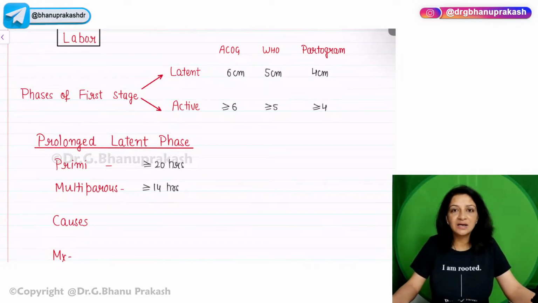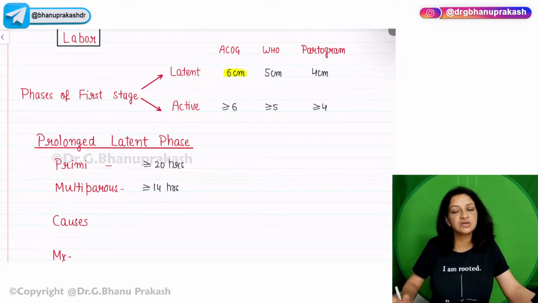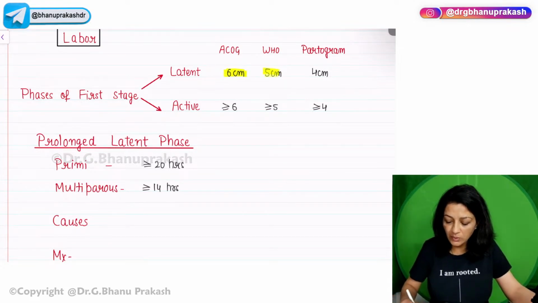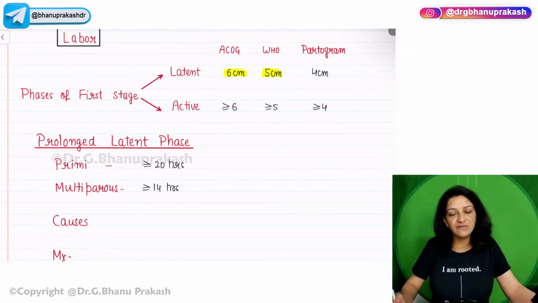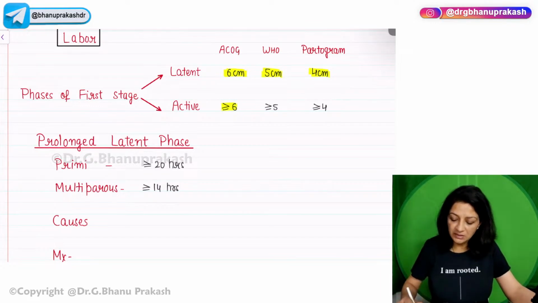ACOG के according latent phase is dilatation up to 6 centimeter. WHO के according up to 5 centimeters and partogram के according up to 4 centimeters. Active phase: ACOG more than 6 centimeters, WHO more than 5 centimeters and partogram more than or equal to 4 centimeters.